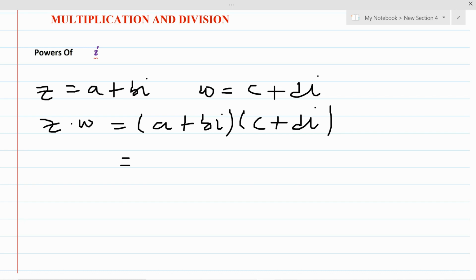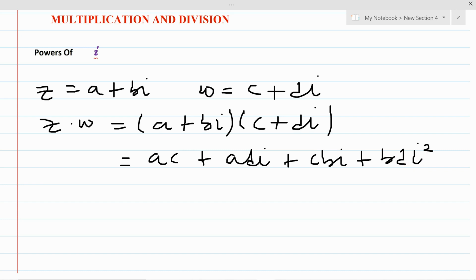So a times c will give me ac, then plus a times di will give me what? adi, then plus bi times c becomes cbi, then plus bi times di becomes bd, then i squared. That's why we did the powers of i. And this will give me what?